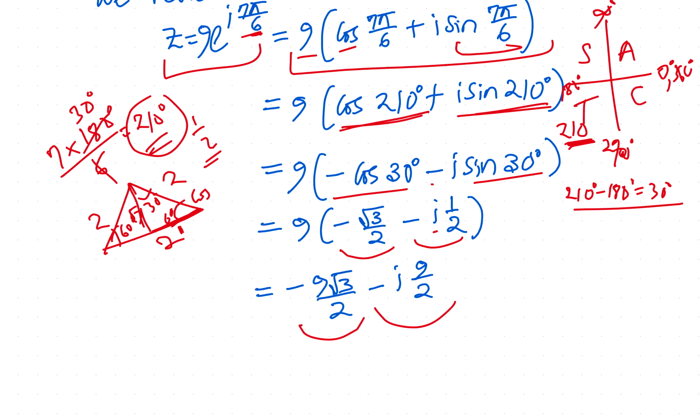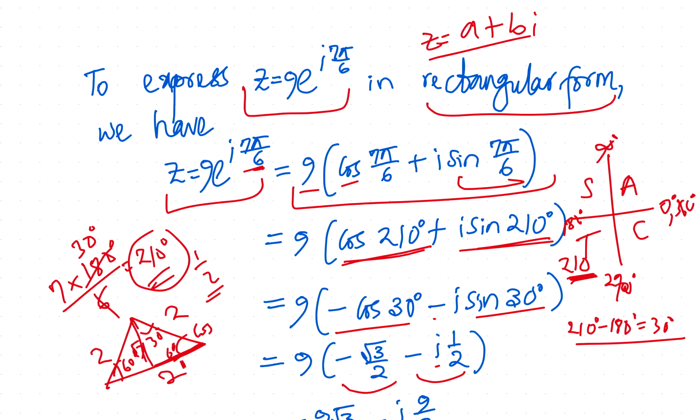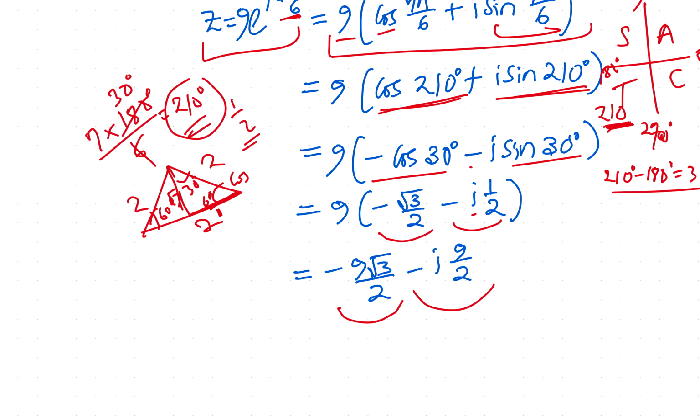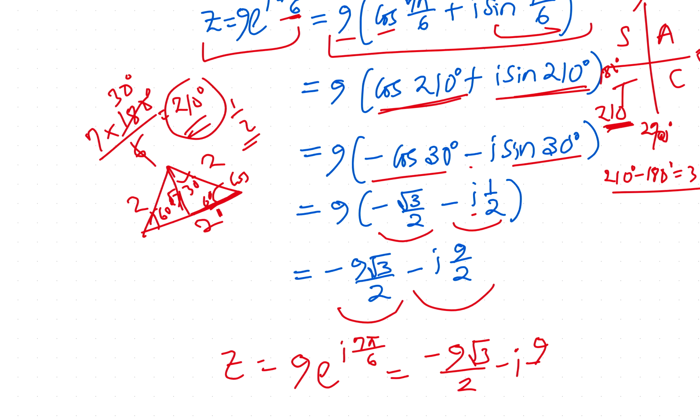So it simply means that Z equals 9e raised to power i7π over 6 in rectangular form is minus 9 root 3 all over 2 minus i 9 over 2. And that's how that is.